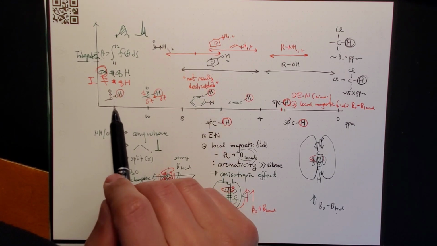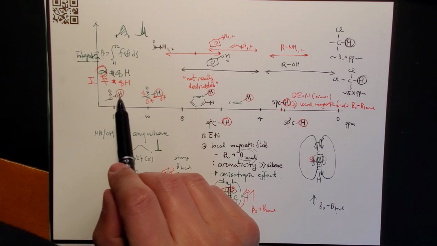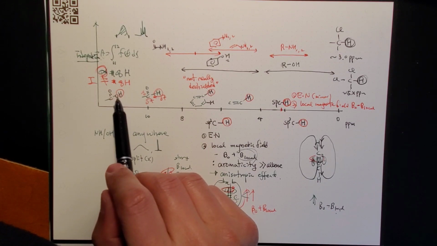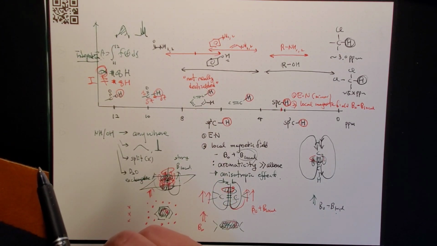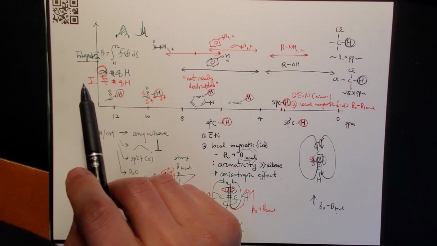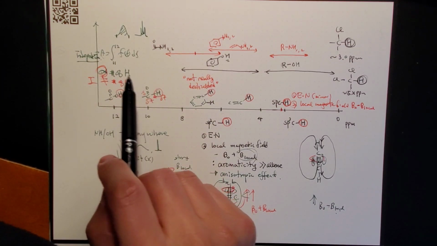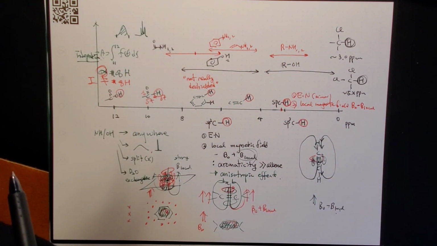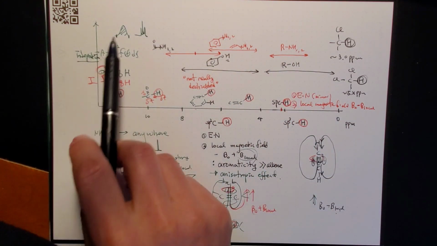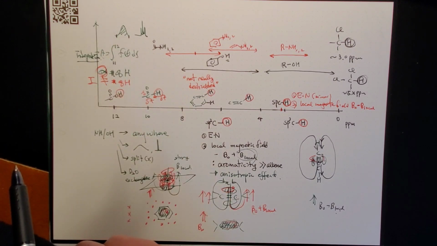Rarely observed, but sometimes you see hydrogen on oxygen around 12. But most of the OHs and NHs show up randomly anywhere. But their broadness can be a hint whether you have OH, NH, or regular CHs.